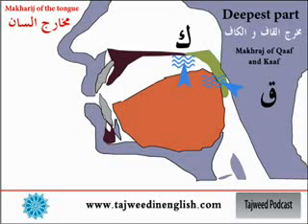So it is not where the arrow is now, where the qaf was mentioned, but slightly further, touching the bone of the roof of the mouth and making that ak, kana, al-kawthar. So this is the makhraj of the kaf.